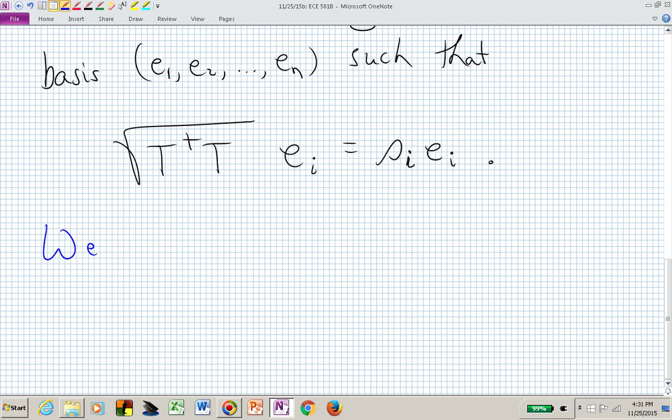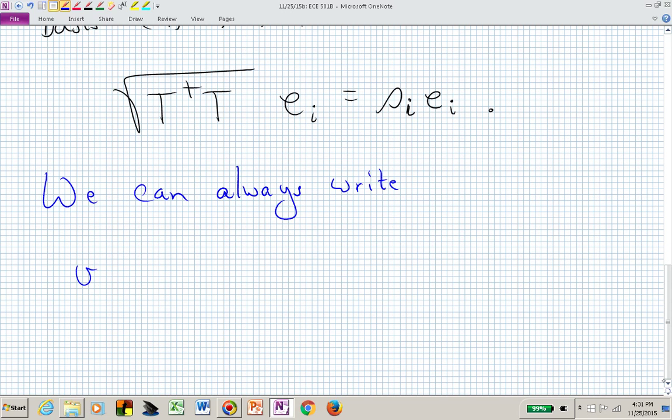This is an orthonormal basis of our original vector space V. We can always write any vector little v in our vector space capital V. We can decompose it into pieces or components in terms of this orthonormal basis set e1 through e sub n.